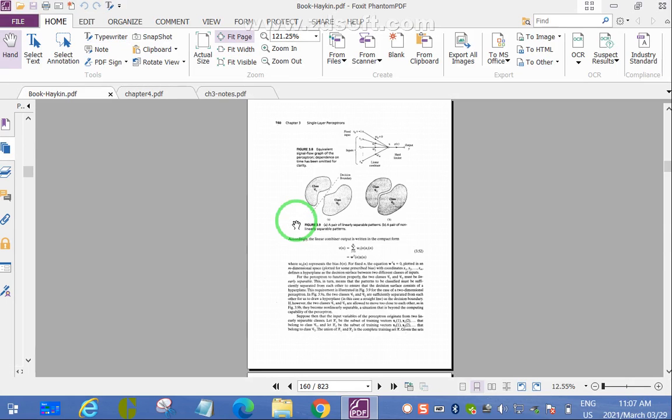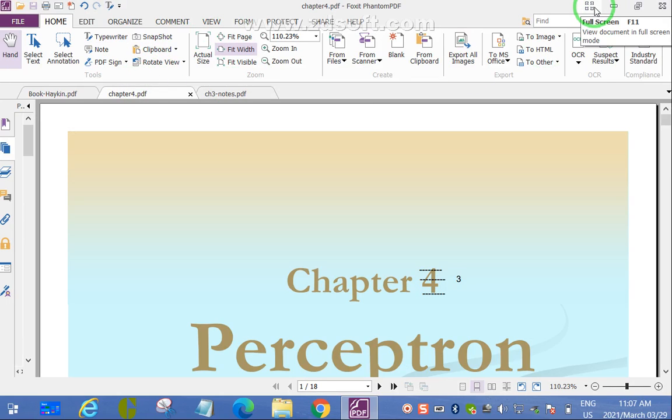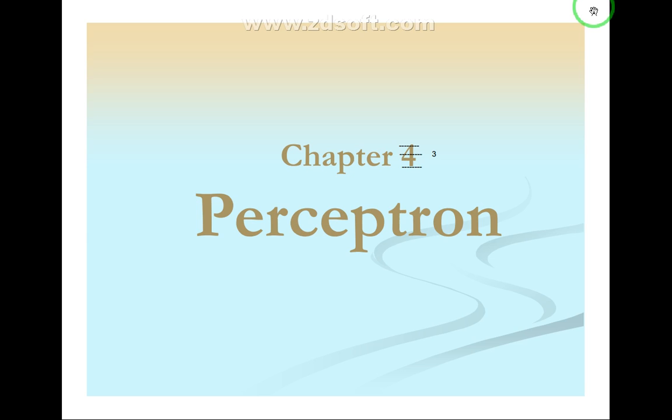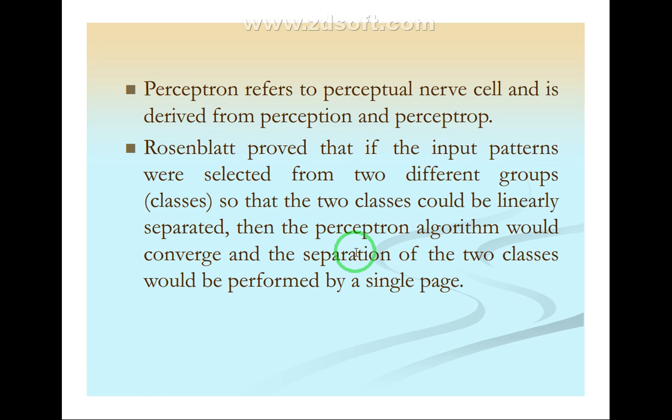And of course the class notes would be from this file. In the previous edition of the book this was chapter 4, now this is chapter 3, single layer perceptron.